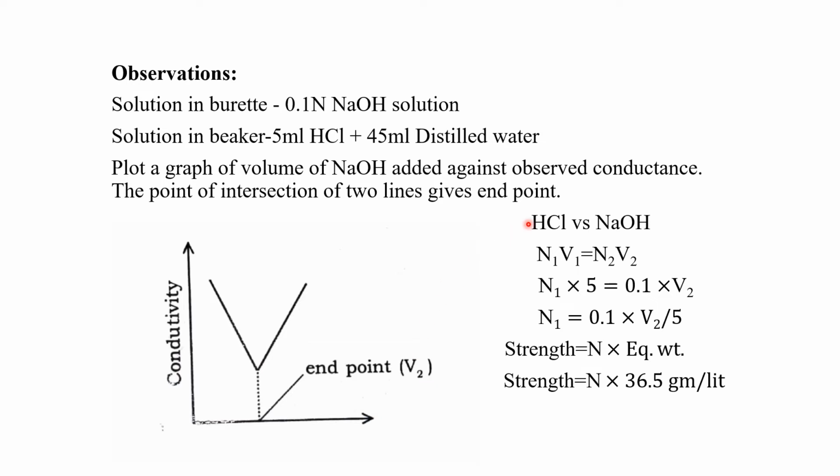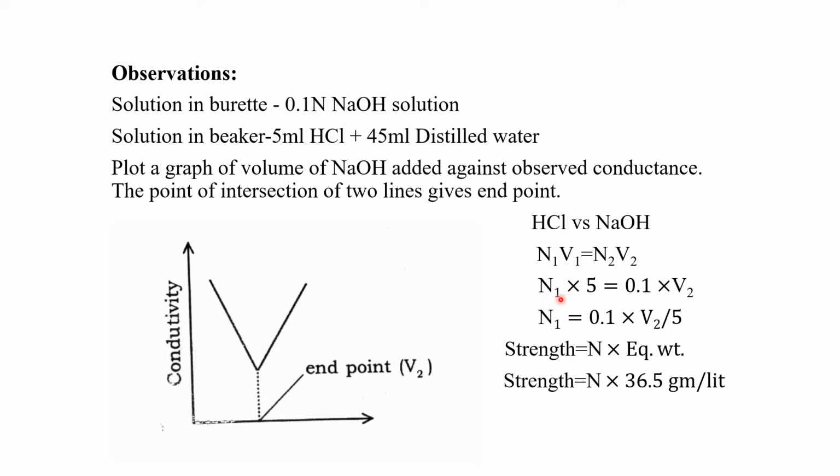Now the calculations are, the titration is HCl versus NaOH. We have to determine normality of HCl. So N1 V1 is equal to N2 V2.